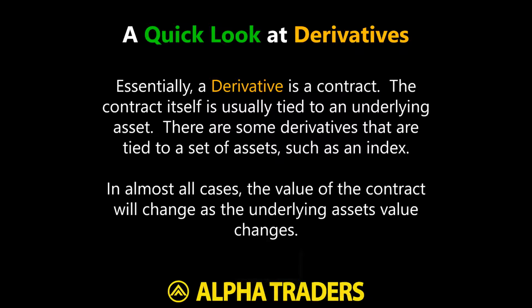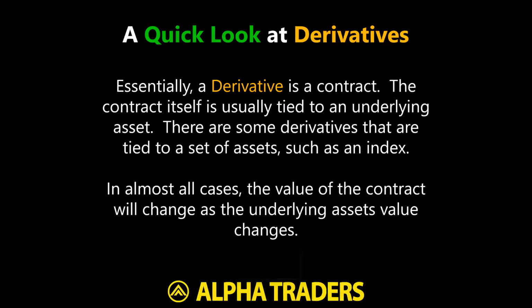So essentially, a derivative is a contract, like we just talked about. The contract itself is usually tied to an underlying asset, and the example we use would be wheat. There are some derivatives that are tied to a set of assets, and that would be something like an index. So where you have the S&P 500, then you have SPY, where a lot of people will trade options for SPY, which is considered a derivative. But then you can also have the ES1 and the ES minis, and these are futures based off the S&P 500.